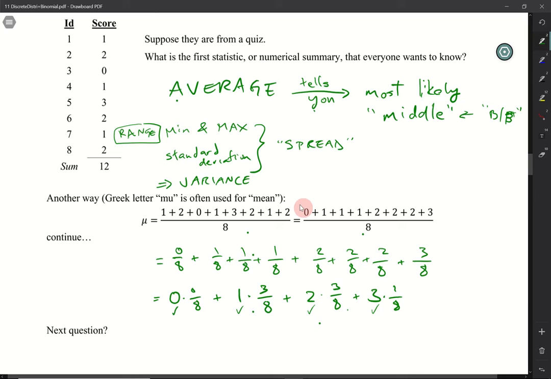And so this is another way of getting the average. This is called the weighted average.